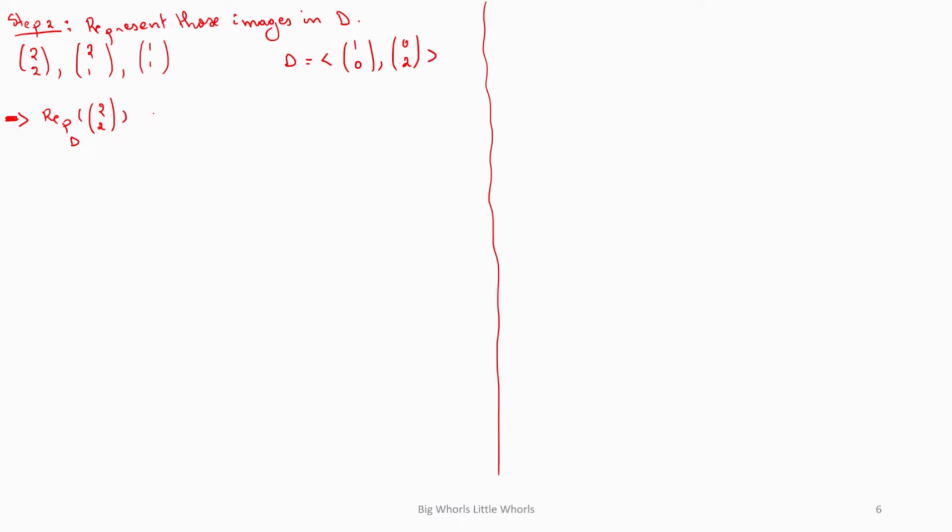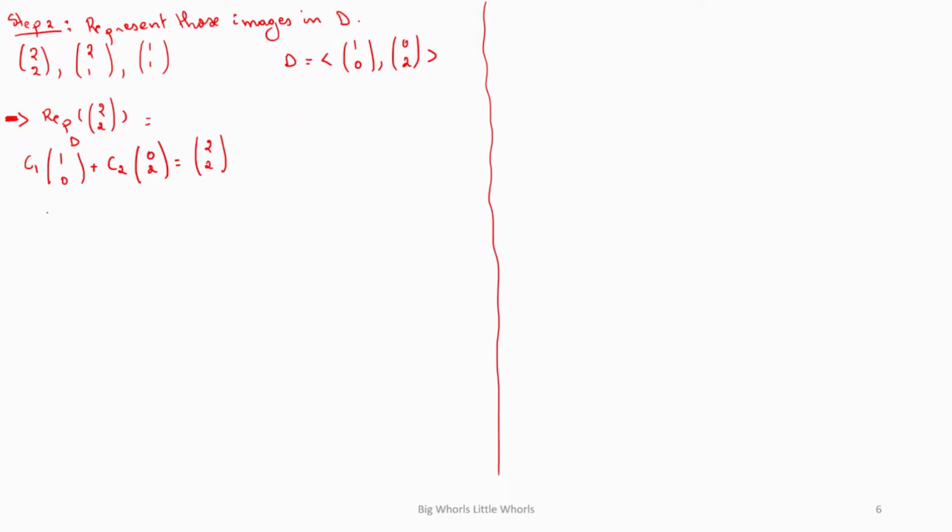So the representation of the first image is as follows. How do we represent a vector with respect to a basis? We equate that vector with the linear combination of the elements of the basis. So we have C1 times the element of our basis D, 1, 0, plus C2 times 0, 2, equals our vector 2, 2.